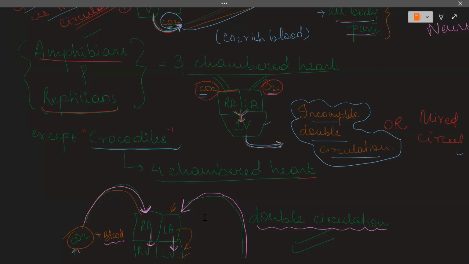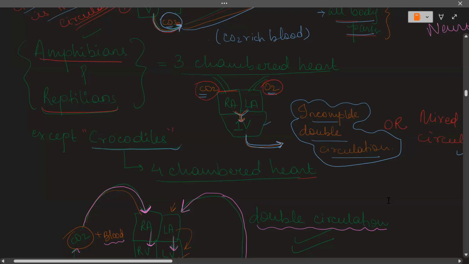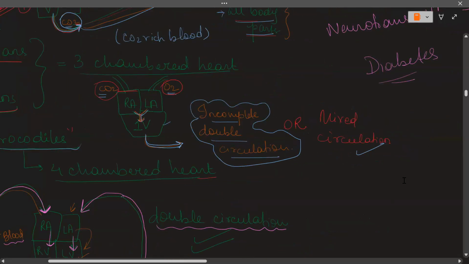This is the reason why the circulation in amphibians and reptiles is known as incomplete double circulation. Incomplete double circulation or mixed circulation.